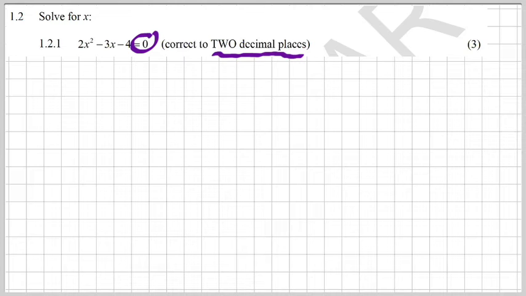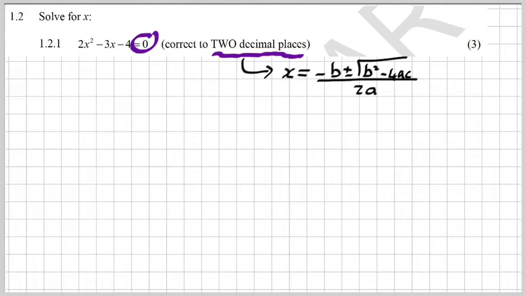So in my mind, I automatically go, I need the quadratic equation. I need that formula, okay? There we go. Again, I look for clues, kind of like breadcrumbs that the examiner is giving for me.